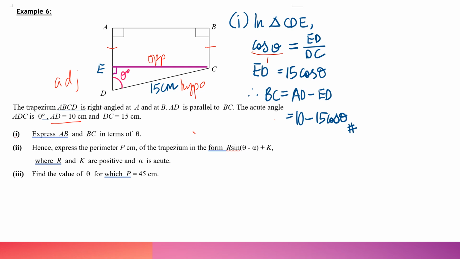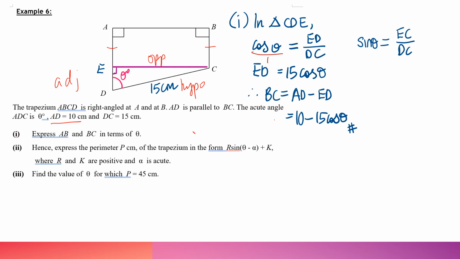All right, and then to find AB, we are still using the same triangle CDE. Use sine theta instead. So sine theta is equal to the ratio of the opposite side over the hypotenuse, O over H. Opposite is labeled as EC, hypotenuse is DC.